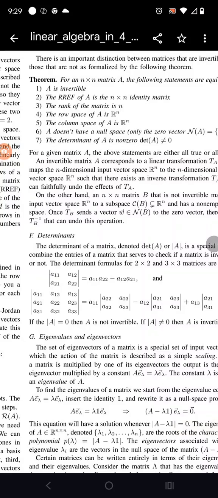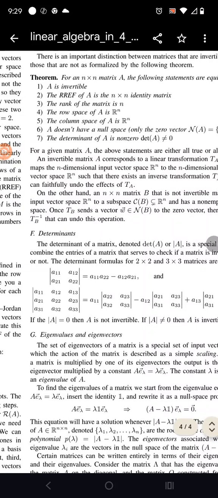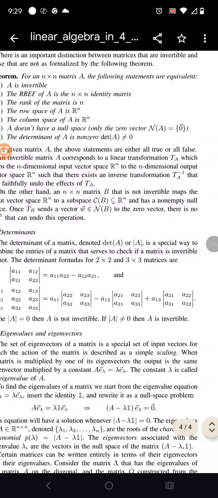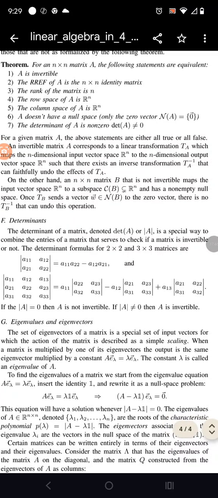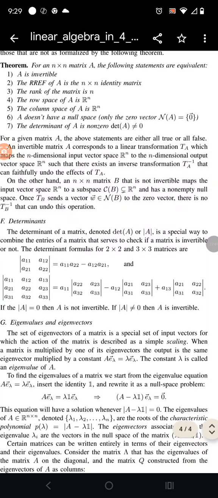So there we have it. It is A11 multiplied by the submatrix A22, A23, A32, A33, minus A12 multiplied by the submatrix A21, A23, A31, A33, which are not in the same column or same row as A12, plus A13 multiplied by the submatrix A21, A22, A31, A32.